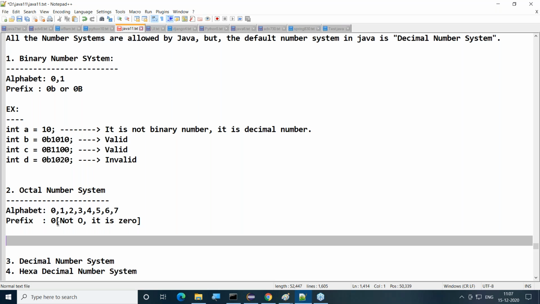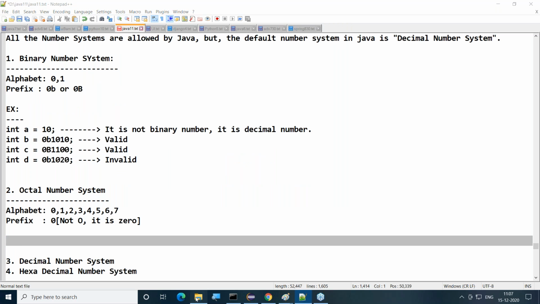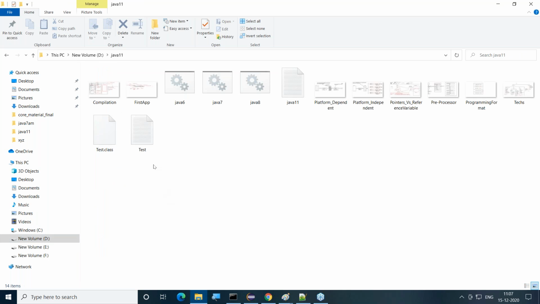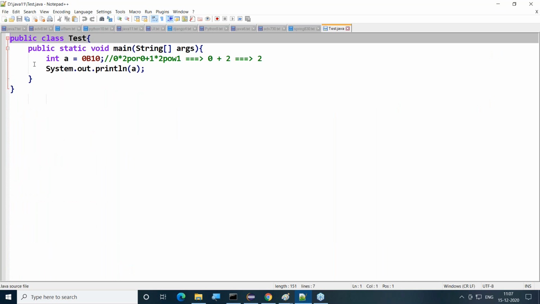Right, guys. Now the prefix value is 0. Then examples I want to show. Now try to understand it. In Tester.java, I will take some other, from D drive and Java 11. Now here I'm going to provide this Tester.java.